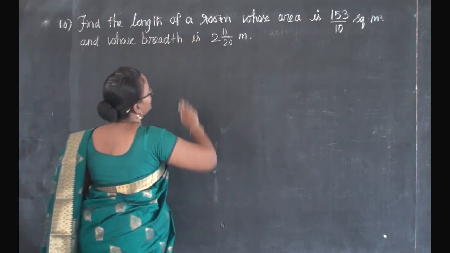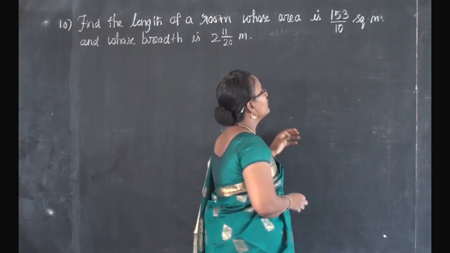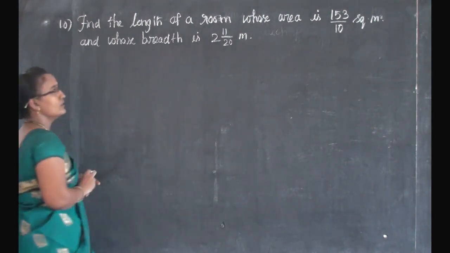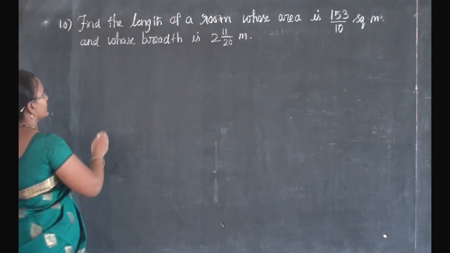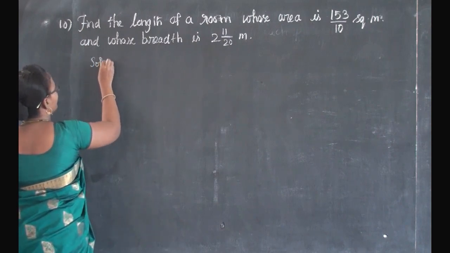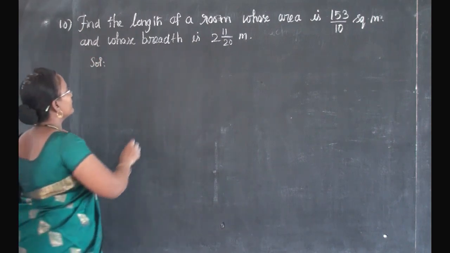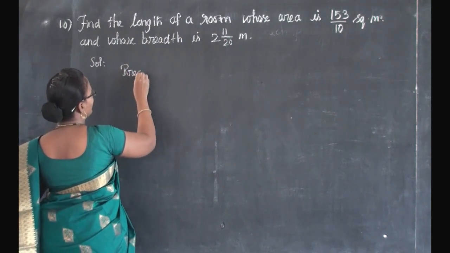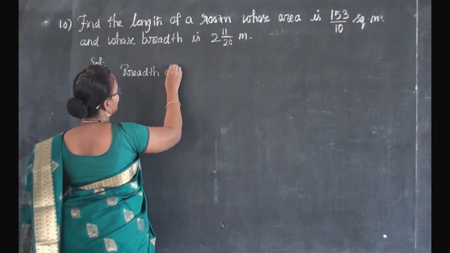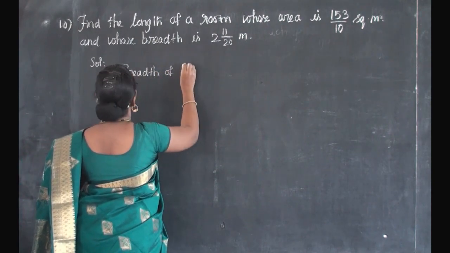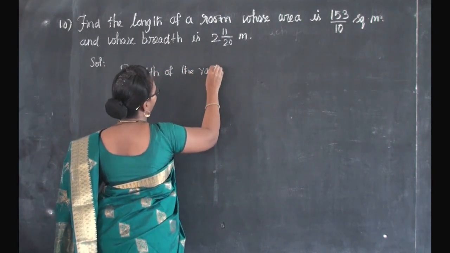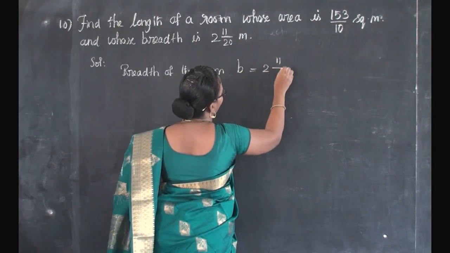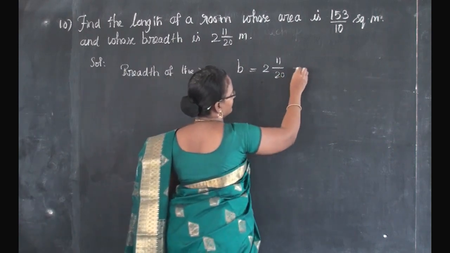Now the 10th one. Find the length of the room whose area is 153 by 10 square meter and whose breadth is 2 11 by 20 meter. Listen, write down all the given first. The given breadth of the room, that is B equal to 2 11 by 20.